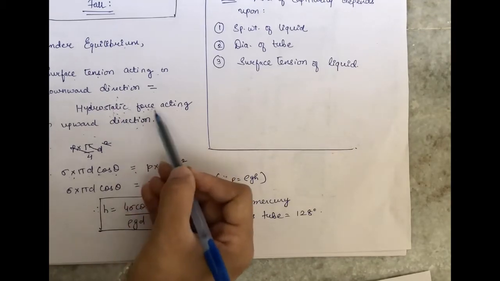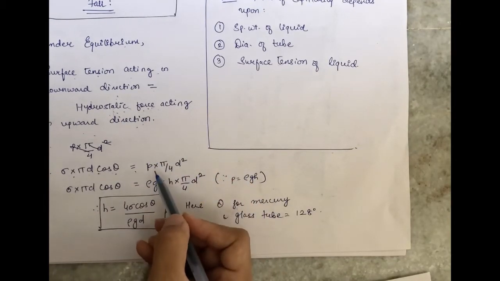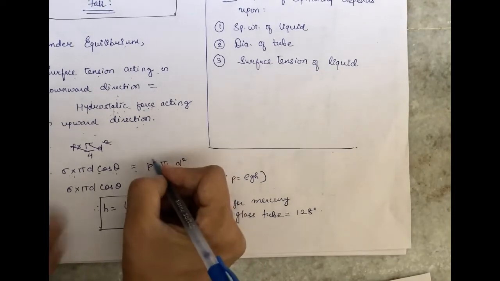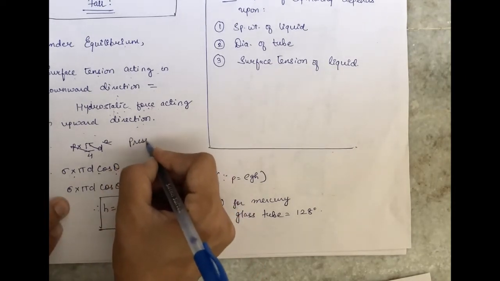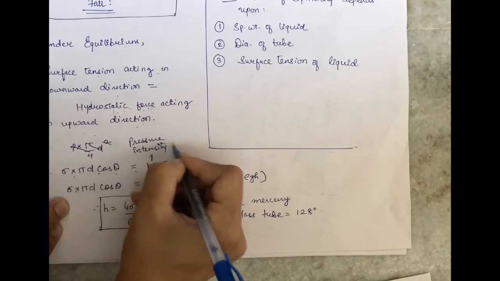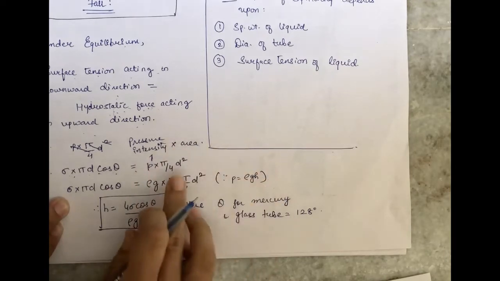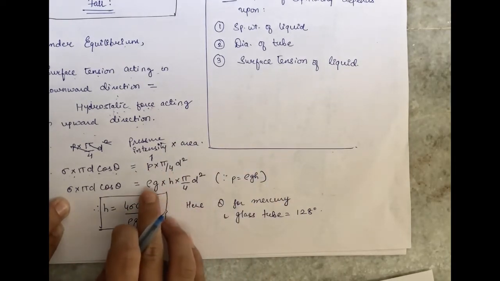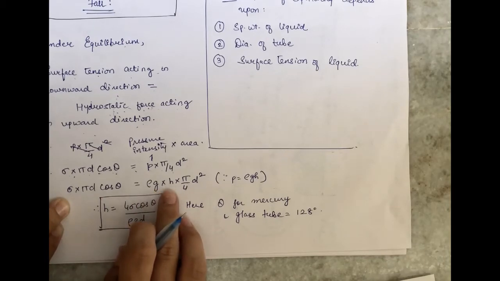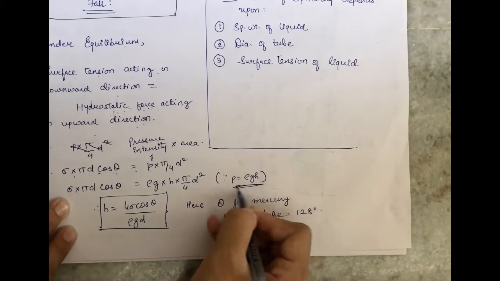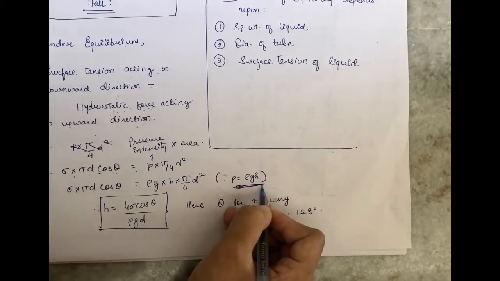Hydrostatic force is equal to P into pi by 4 into d square, where P is the pressure intensity and pi by 4 d square is the area. Pressure intensity is nothing but rho into g into h. P is equal to rho g h. This is the formula you will learn in your second chapter of fluid statics.